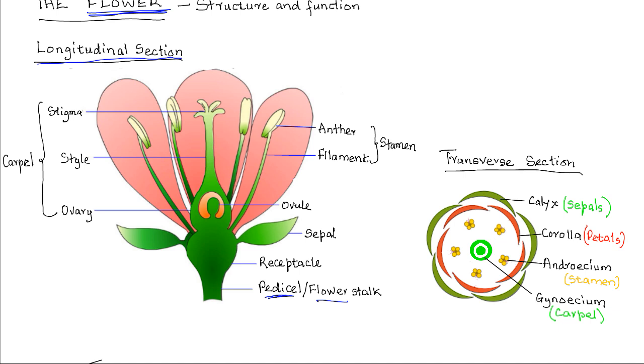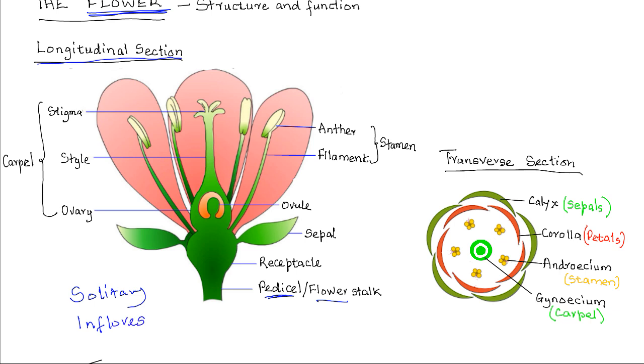In most plants, each flower is borne on its own stalk, and such a flower is therefore said to be solitary. So a solitary flower is one that is borne on its own stalk. In other plants, however, several flowers are borne on a single common stalk, forming a cluster known as an inflorescence.